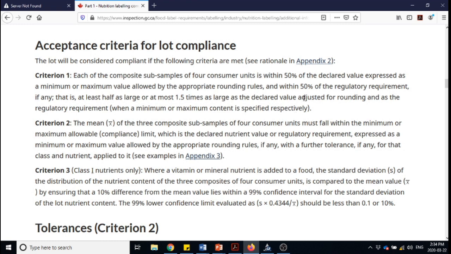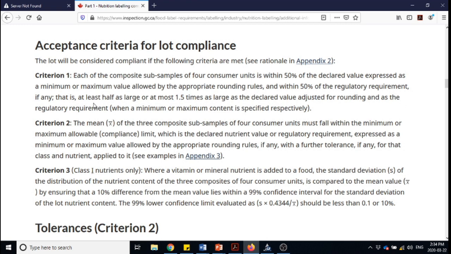And is it within 50% of the regulatory requirement? In some cases, the food product must meet a regulatory requirement in terms of delivery of a nutrient.